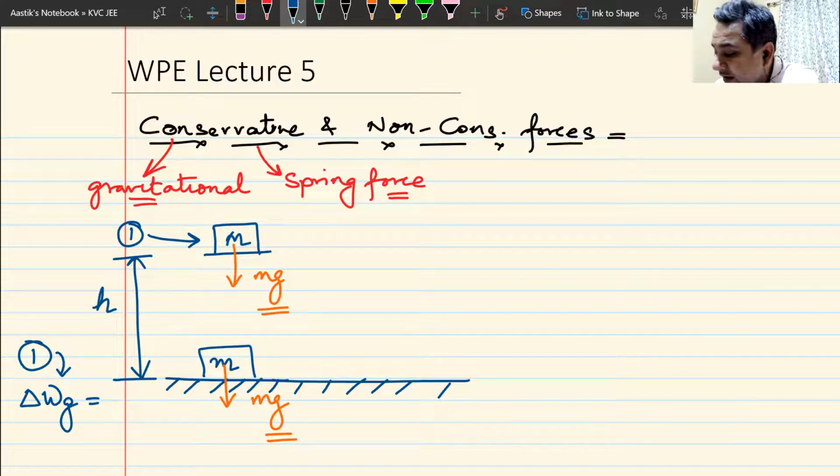No one in the entire class knows the work done by gravity in this case? It's a fixed force, it's a constant force. No one knows it. That is horrifying.